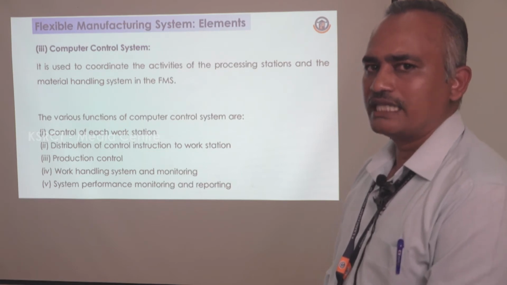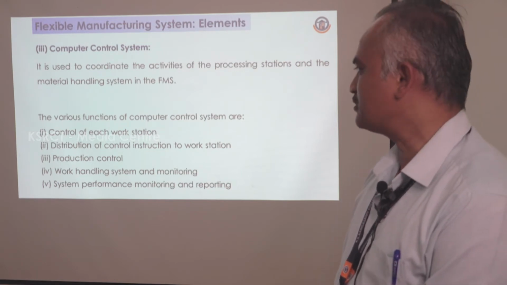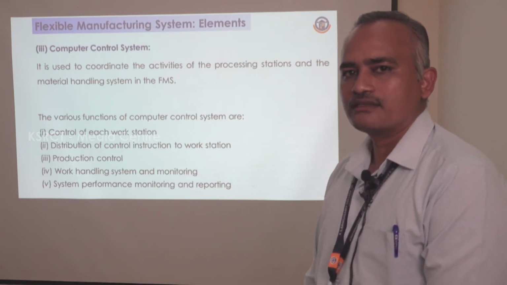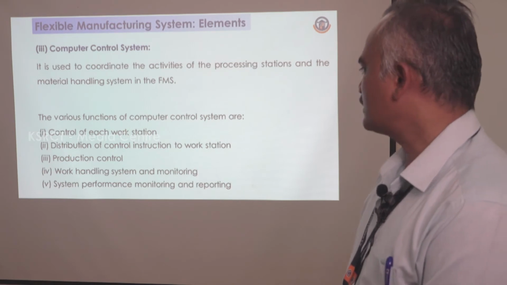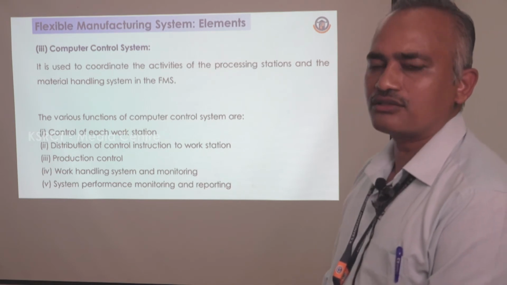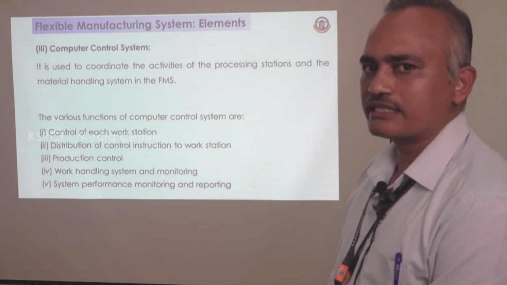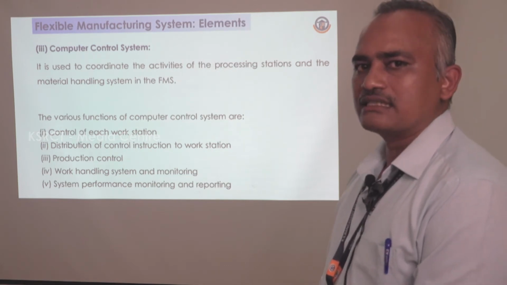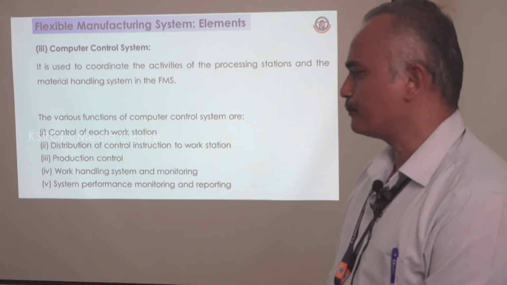It can control the activities of the entire workstation. Then distribution of instructions to a specific workstation or to the entire workstation according to the requirement. Then production control, so it can control the entire production of the system.